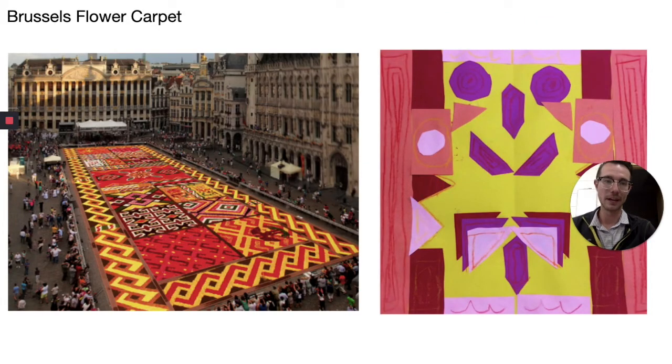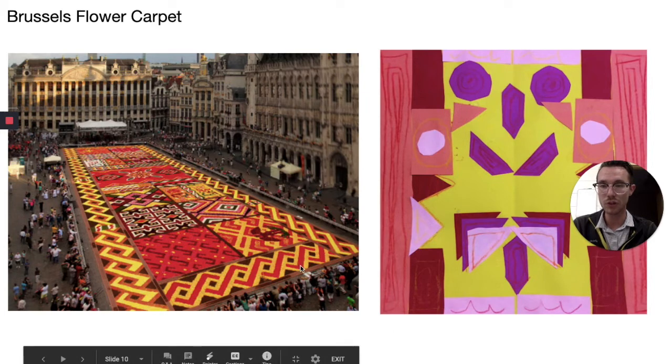And one more event that kind of happens in the news that I like to bring up is the Brussels Flower Carpet. Now, this is an event that happens every other year, so it's a biennial event. And one day, a bunch of people get together and they use begonias, which is the country's flower in Belgium. And they use these begonias to create these geometric flower carpets, is what they call it.